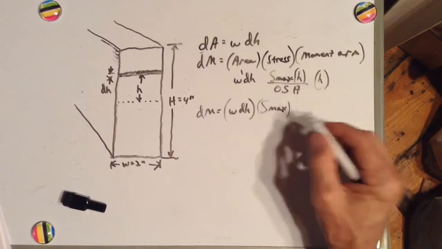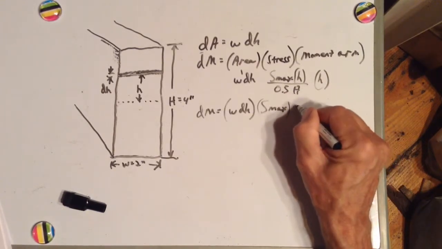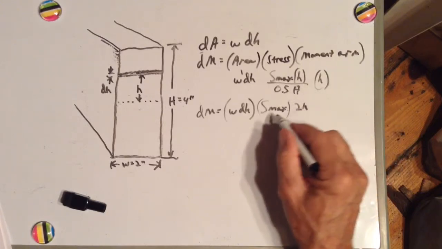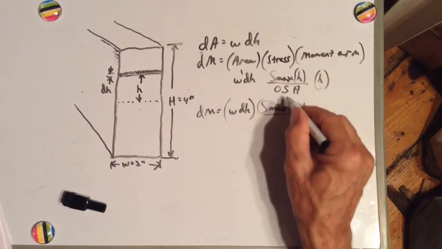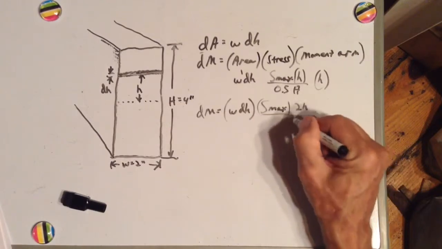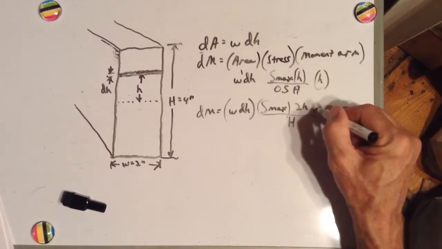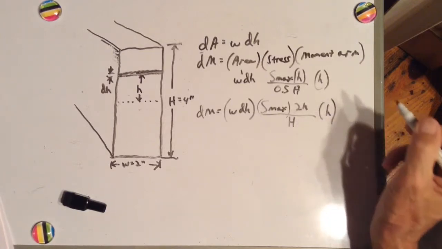It won't change things. So we can say times 2h over 0.5 times 2, which is 1, so it just disappears. So we still have our capital H under there, times our little lowercase h.